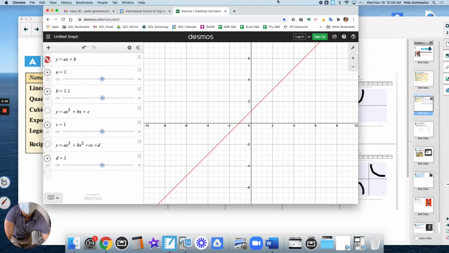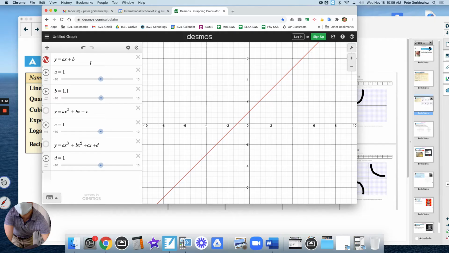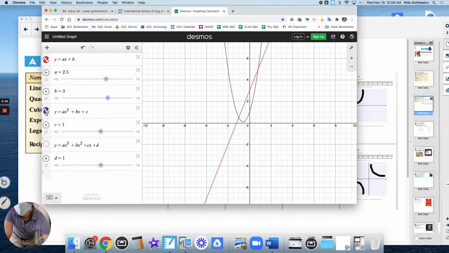So here's Desmos. This is y equals ax plus b, and you're not so surprised. It makes a line, and if you change a, it makes it steeper, and if you change b, it slides it up and down. Not a big deal. What you'll notice about a quadratic, we'll turn that one off, is that it makes a U shape. The a term makes it wider or narrower, and the c term slides it up and down.